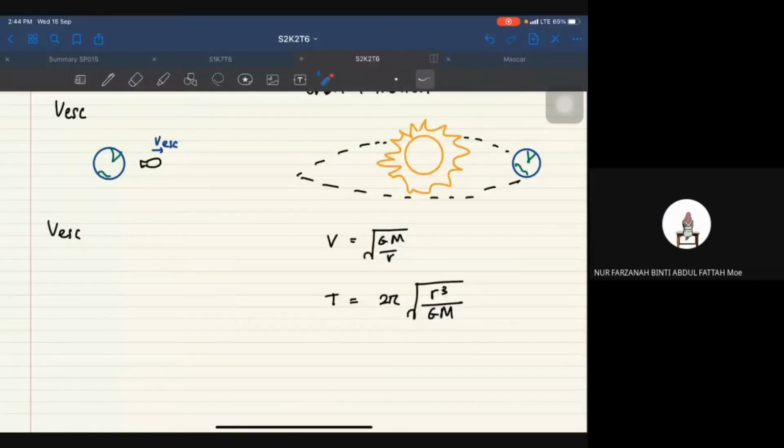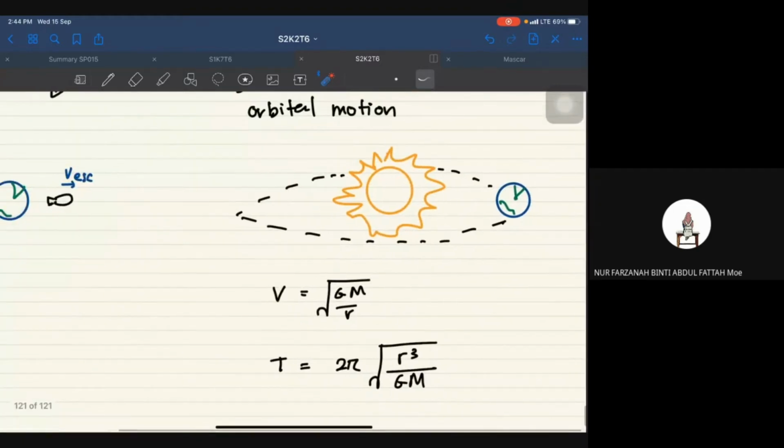So kalau saya nak kira velocity of the Earth dengan period of the Earth, saya pakai M apa ni? Earth ke Sun? Sun. Sebab dia yang punca graviti. Sun ni lah punca bumi ni bergerak berputar. Kalau dia tak ada, obviously dia akan pergi melilau lah.